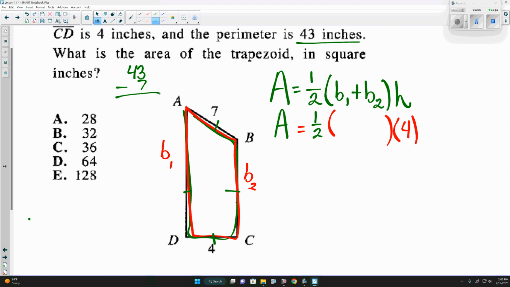Because if we subtract 7, 3, carry the 1, 36 minus 4 is 32. Well, what is that telling us? That these two lengths will add together to be?